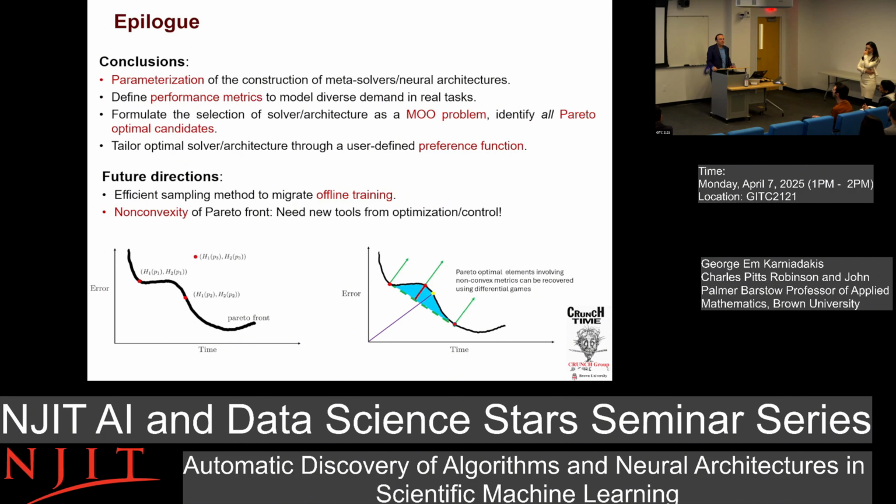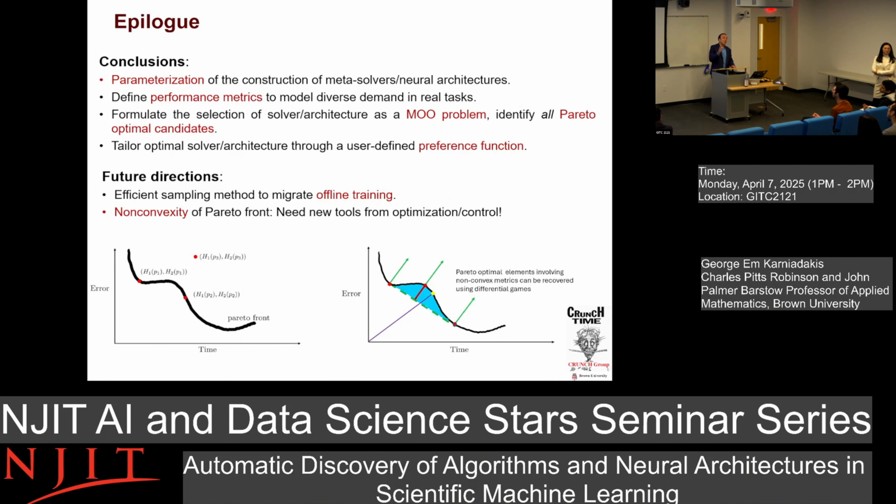I see. I'm not clear about the preference of the neural operator, because the preference function and the neural operator are two different problems you're trying to solve. The preference function has nothing to do with the optimization problem.